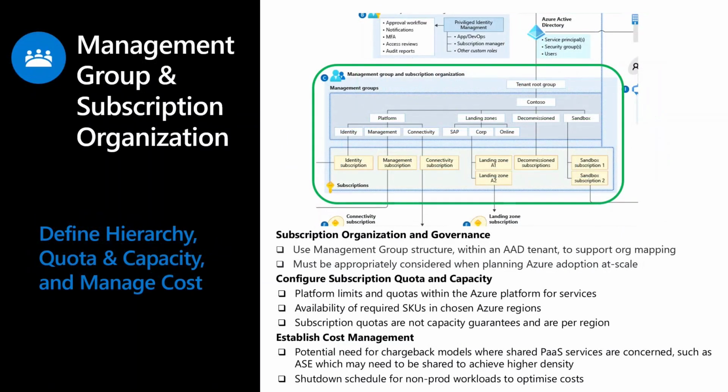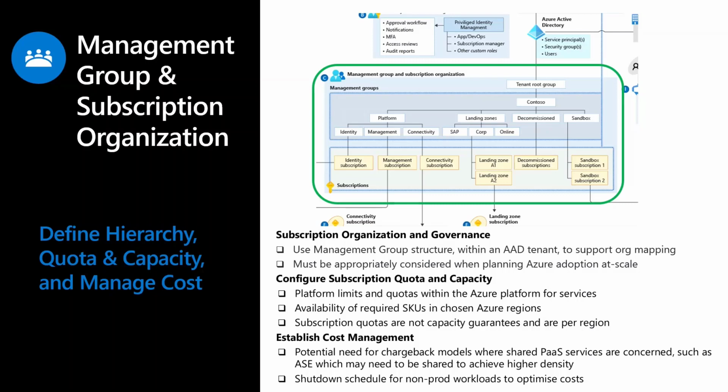The next part is about resource organization, so more precisely management groups and subscriptions. So for example, we have a very specific view on how the management group structure or tree should look like, especially within an Azure AD tenant, and how this should look like across different environments.